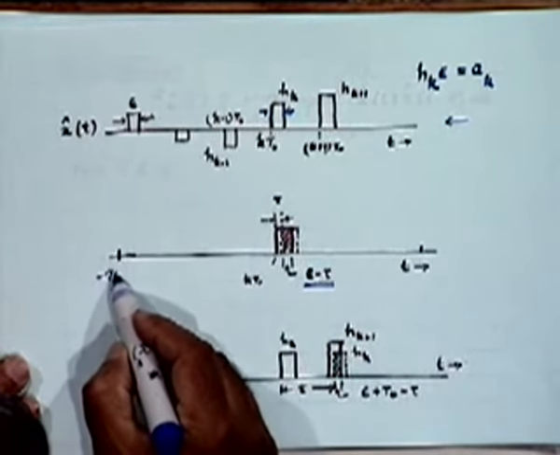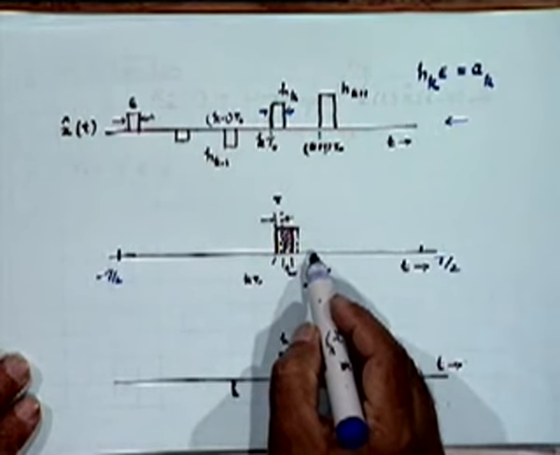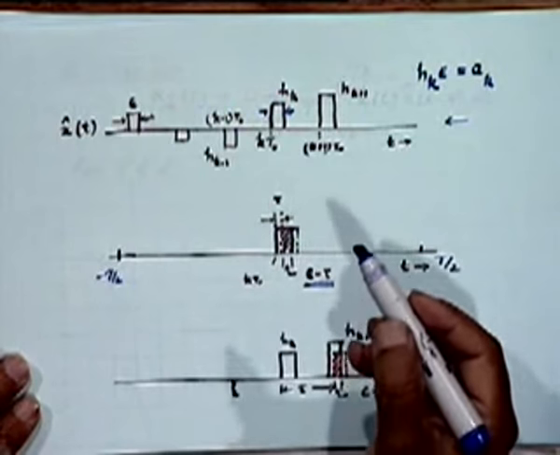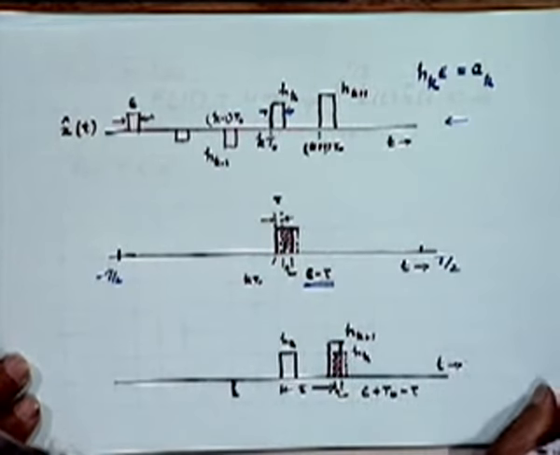And every pulse in the region which you have chosen, let's say between minus T by 2 to plus T by 2, will contribute a similar value, but the only difference will be the amplitude hk is different from pulse to pulse.